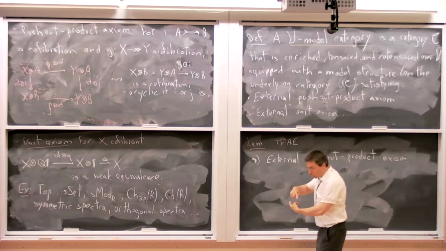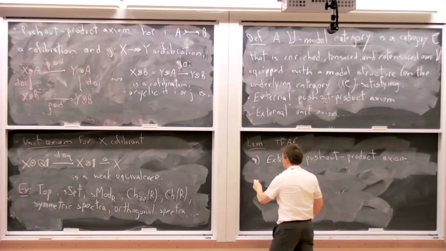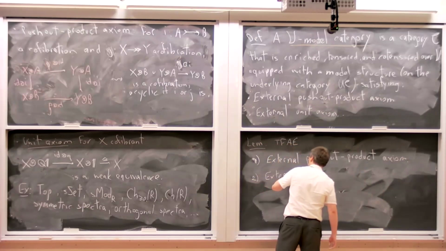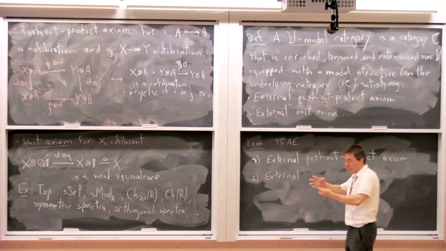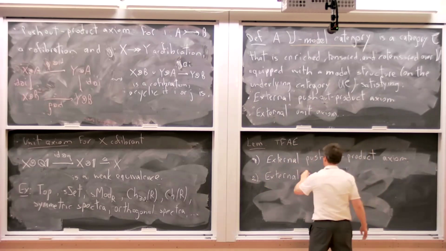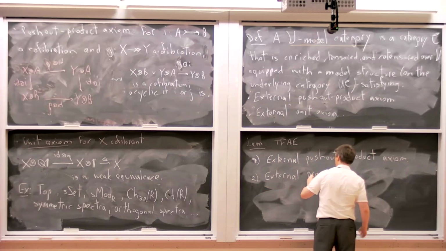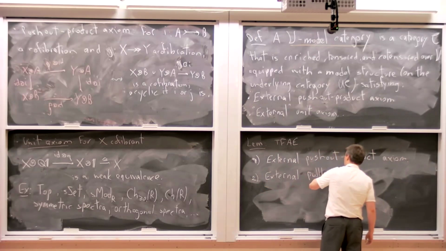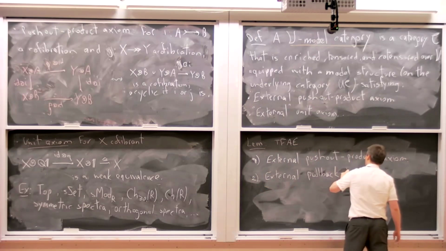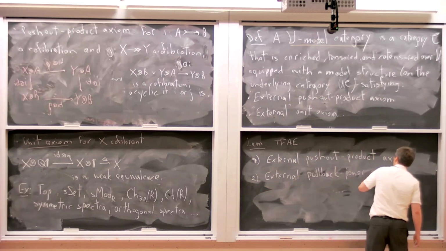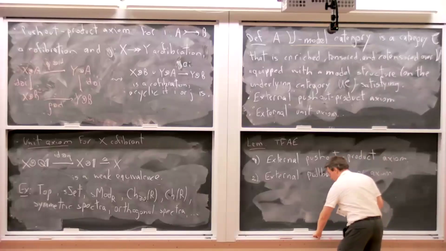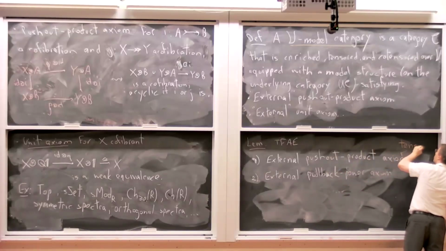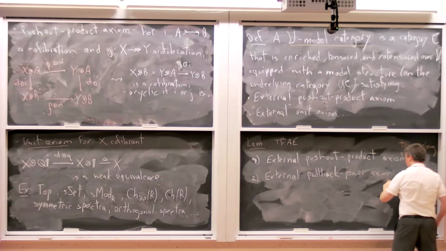And there's a dual version where you use the co-tensoring. To save time, I won't dwell on that. They come in pairs and they're dual to each other. But that's the external pullback power axiom. Just think of dualizing this picture, but you use the co-tensoring everywhere. This uses the tensoring. This uses the co-tensoring.